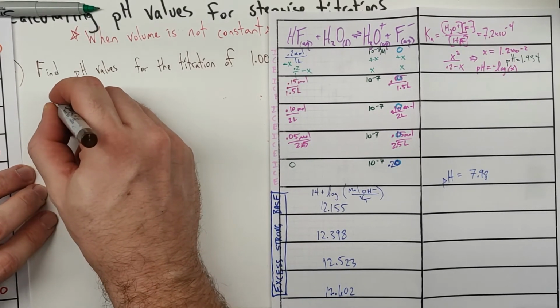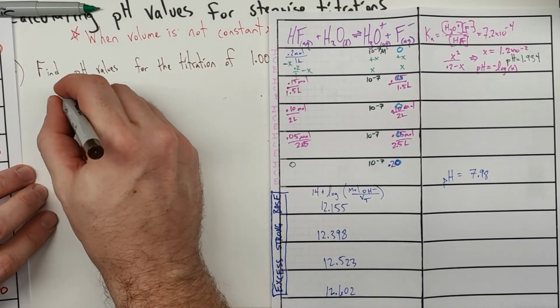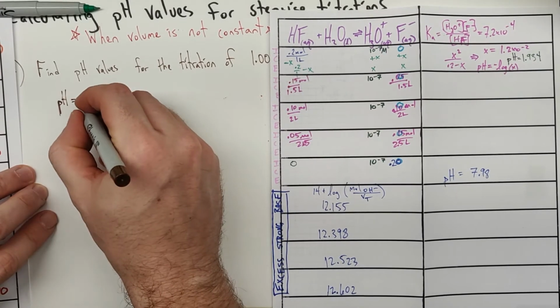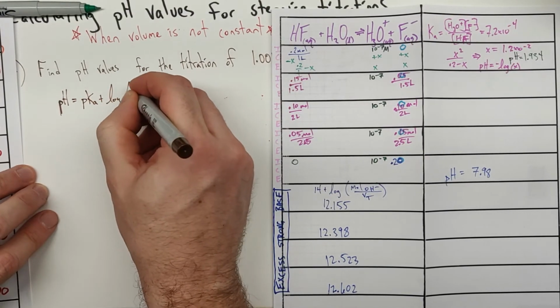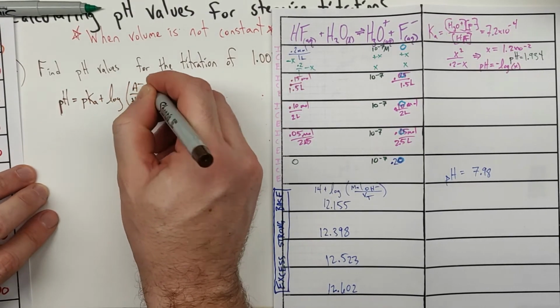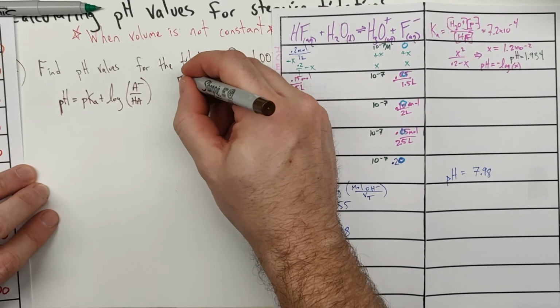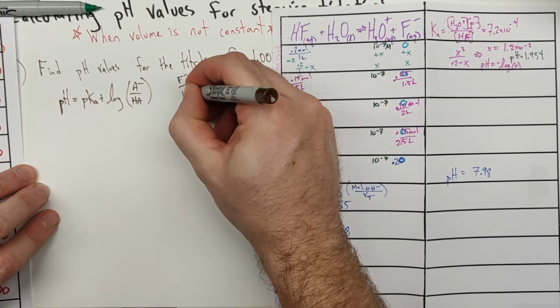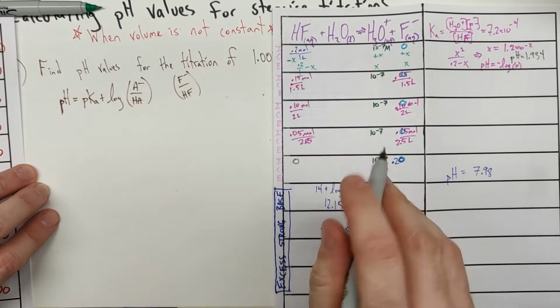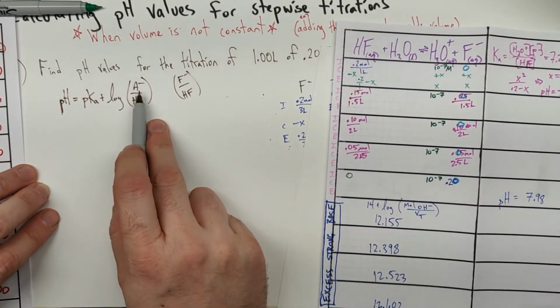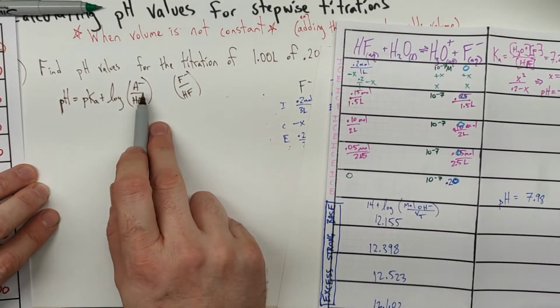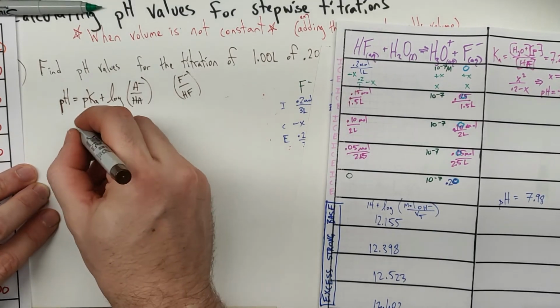And it turns out that pH is pKa plus the log of A minus over HA. All right, in this case, that's F minus over HF. All right, and we've got these HF and these F minus numbers. Now, you'll notice I don't put concentration there. Technically, those are concentrations, but take a look at what happens here.